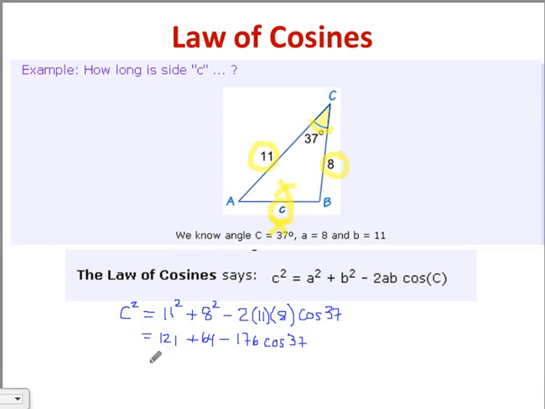So remember, order of operations tells us we need to multiply. So let's go ahead and multiply 176 times cosine 37. I've got 121 plus 64 minus, when I multiply that in my calculator, 176 times cosine 37, I get 140.